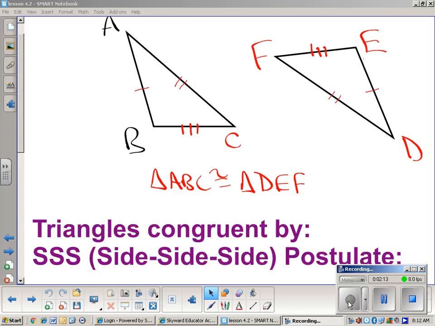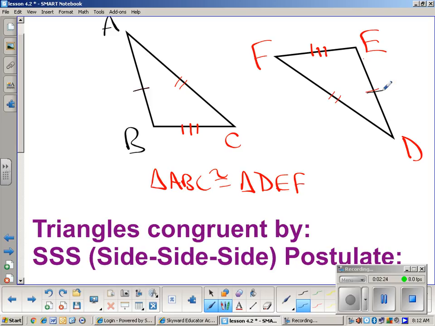All right, so just to make sure you understand the symbolism here, a single mark on this segment and a single mark on this segment means those two segments are congruent. And so this is saying then that segment AB is congruent to segment what? Segment AB has a single mark on it.